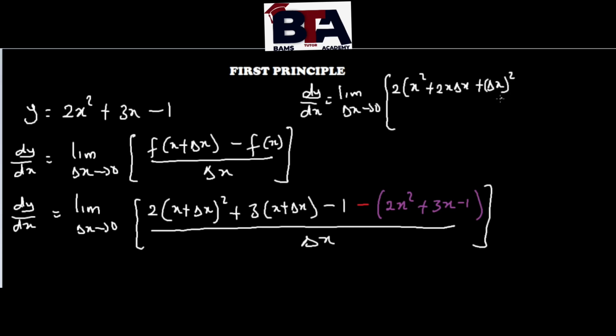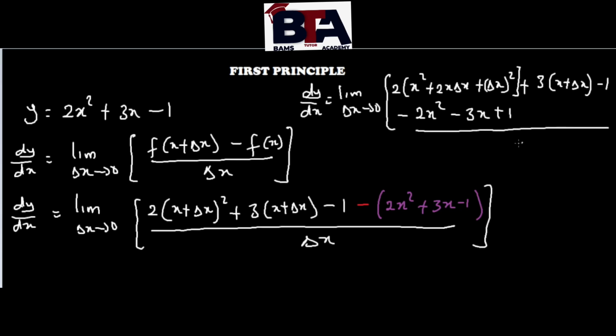Then plus 3x plus change in x minus 1. Then minus, open everything, I have minus 2x squared minus 3x then plus 1. Everything divided by what? Change in x.